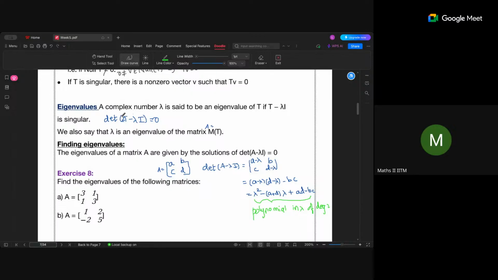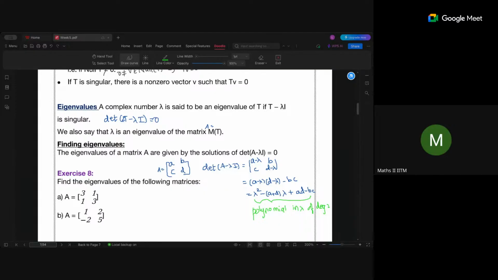The eigenvalues are roots of this polynomial. So you know that the roots of the polynomial are not restricted to real numbers. It can be complex numbers as well. Hence, we have mentioned that this number is a complex number. Now, do you understand why the word complex comes in this definition instead of a real number? Yes, ma'am.